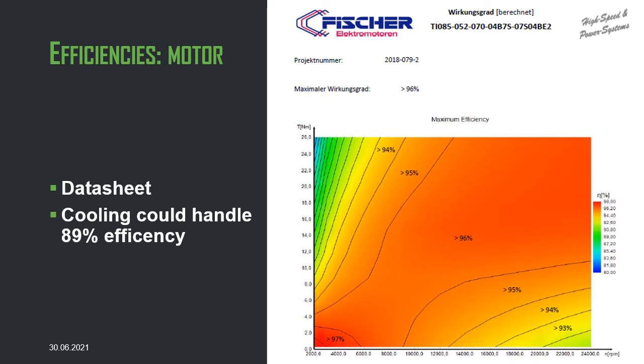But generally, assuming that the motors will be using high torque and medium to high speeds, it is well in the 94 to 95% range.